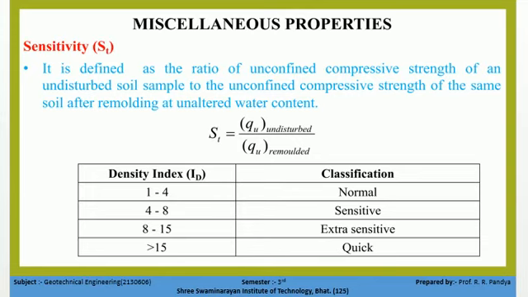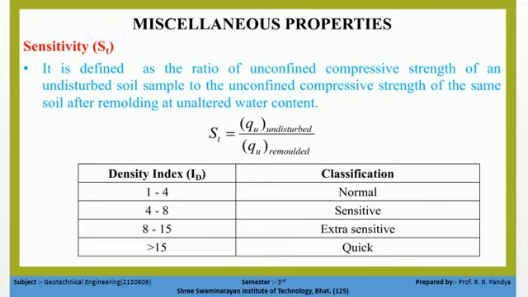In the table there is a classification of soil based on sensitivity. If the value lies between 1 to 4, then the soil is classified as normal.